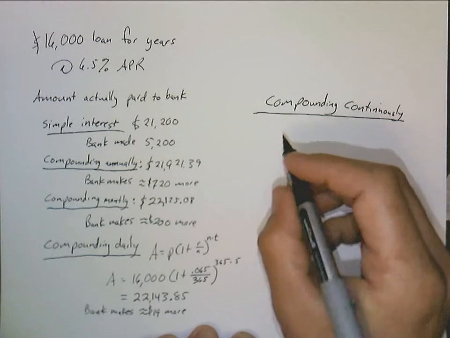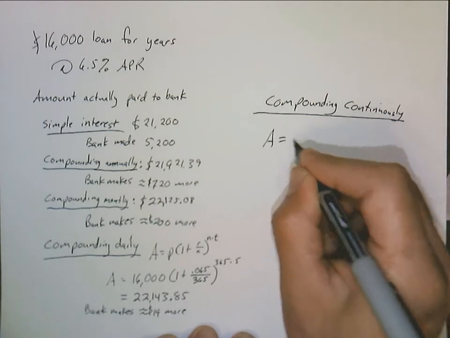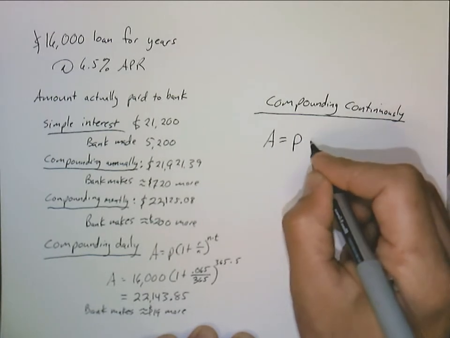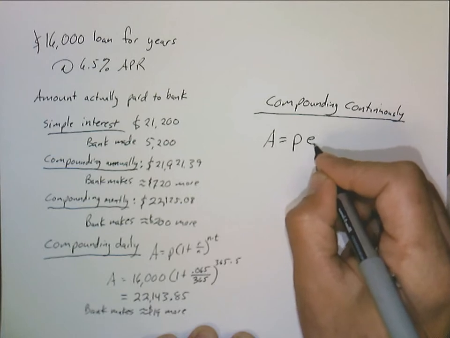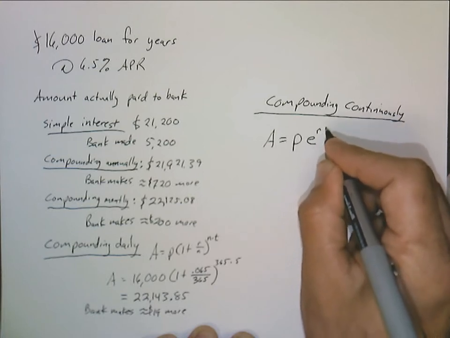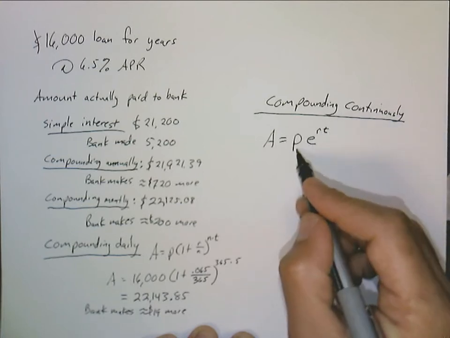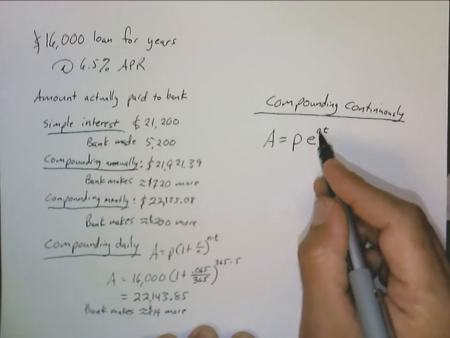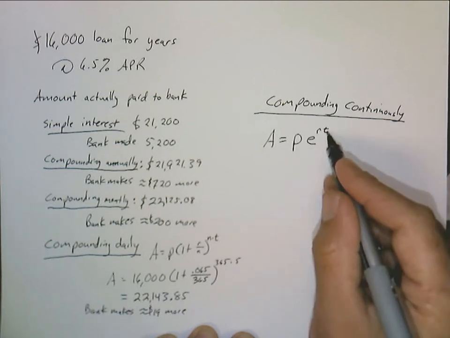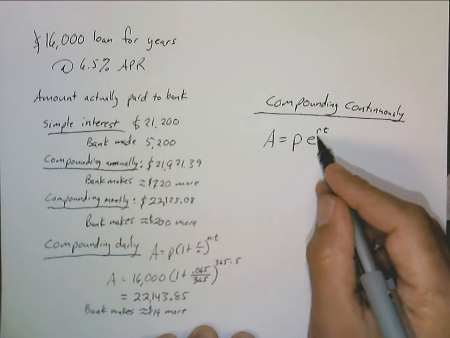Well, the formula for that one is given by the amount owed is equal to the principal times e to the power of r times t. P is still the principal, r is still the annual rate, t is still the term of the loan in years, e is Euler's number.